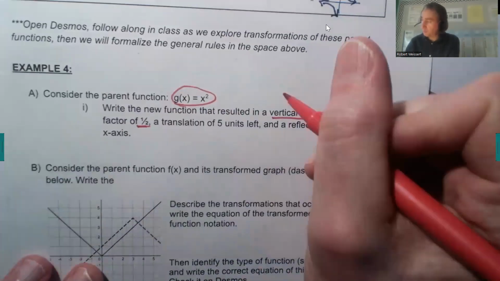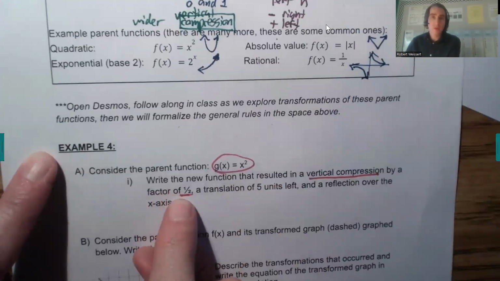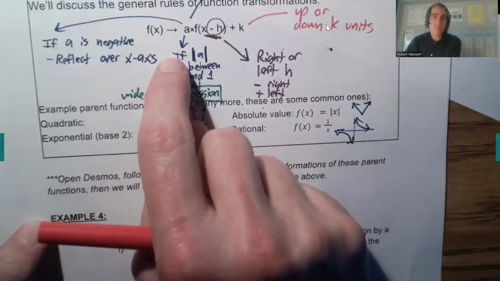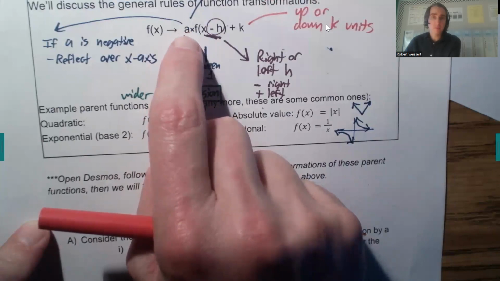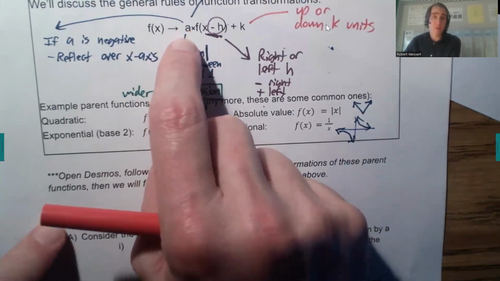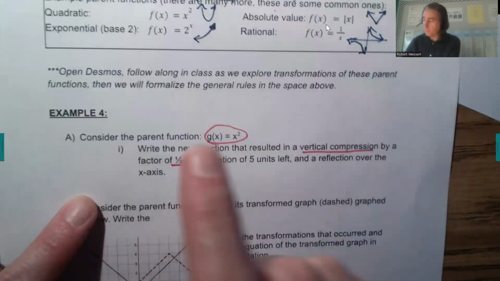Let's start with this, vertical compression by a factor of 1/2. The vertical compression is what happens on the outside, okay? So that positive number in this case is going to be just 1/2.